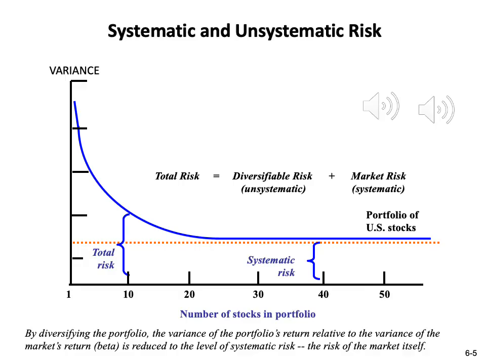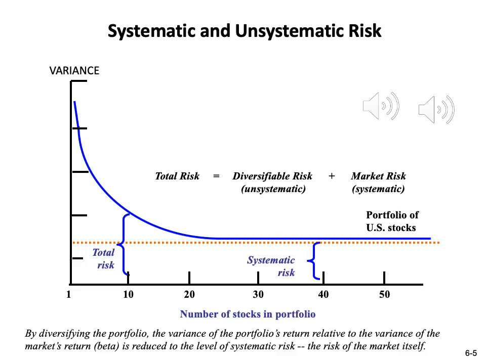If you wonder how many stocks is enough for a diversified portfolio, this picture shows you. On the vertical line, again, variance, the portfolio risk. Horizontal line, the number of stocks. The blue line is the combined total risk, which is the market risk, the pink one, fixed number, plus diversifiable risk or firm-specific risk.